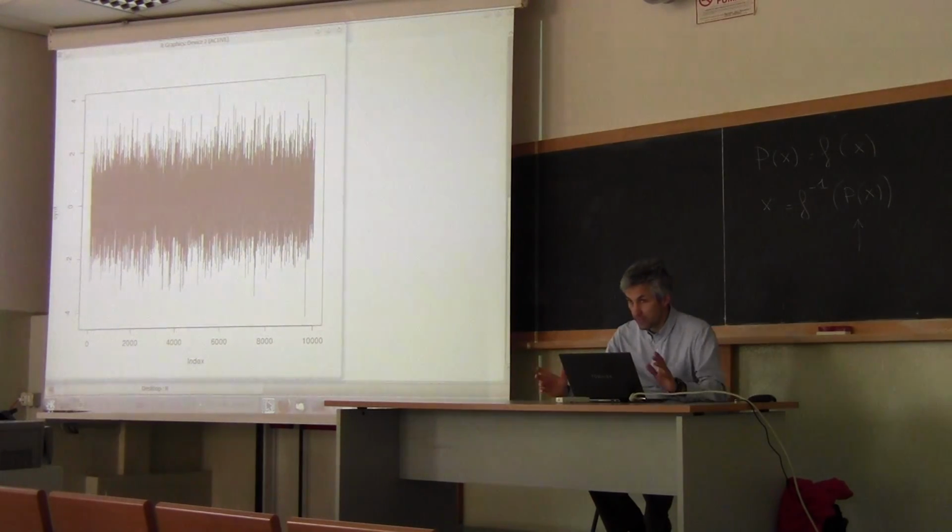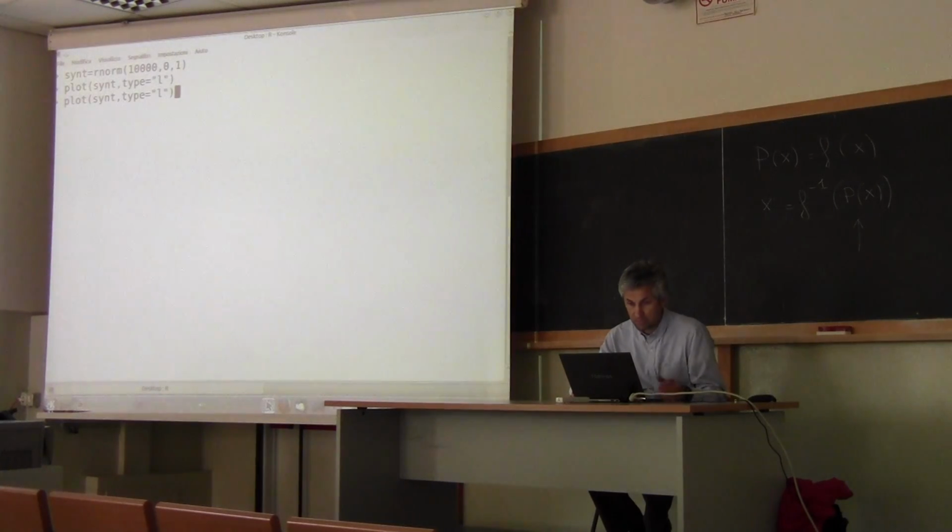Is this true? Let's try to generate another normal distribution with different mean and different standard deviation. So let me do another generation with mean 100 and the standard deviation 10, or let me say 5. Okay?